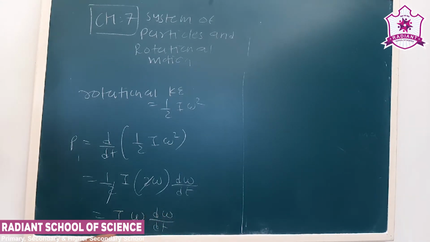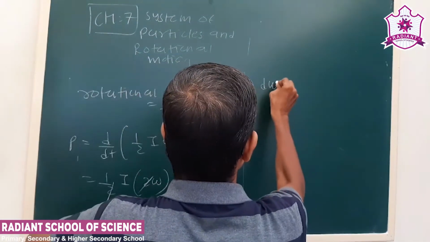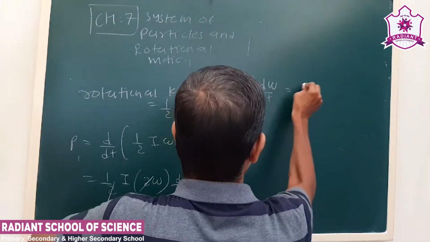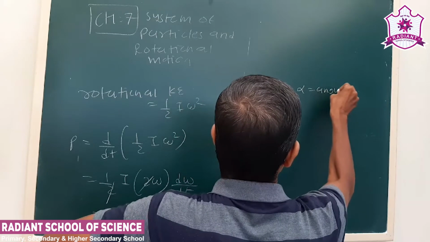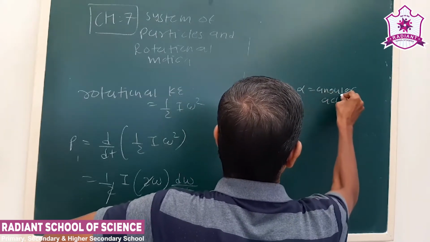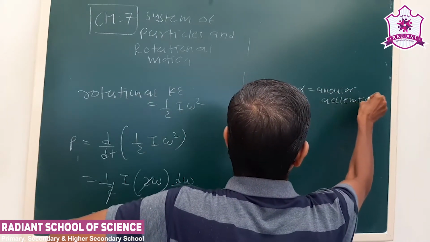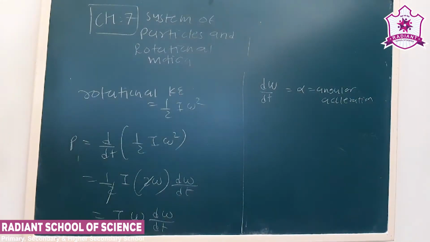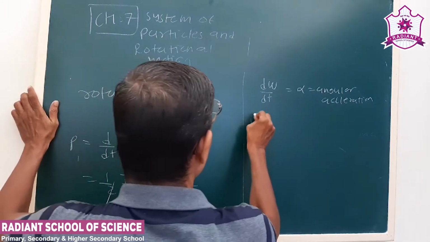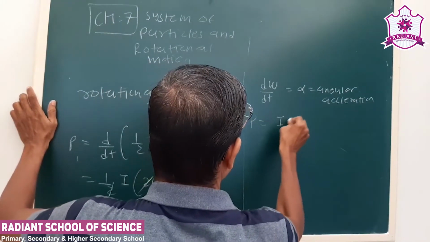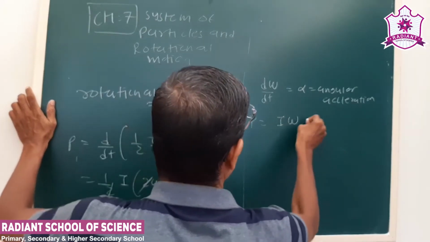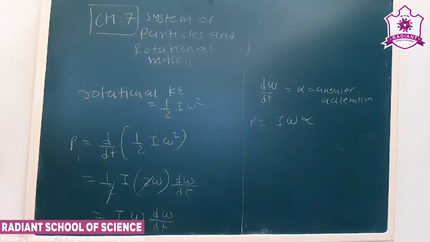Okay, now see, d omega by dt is alpha, that is angular acceleration. Just as dv by dt is acceleration, here d omega by dt is the angular acceleration. So power equation we can write as I omega alpha.